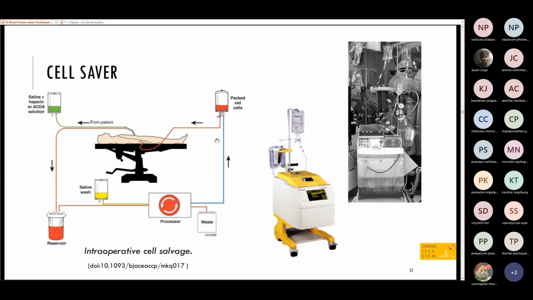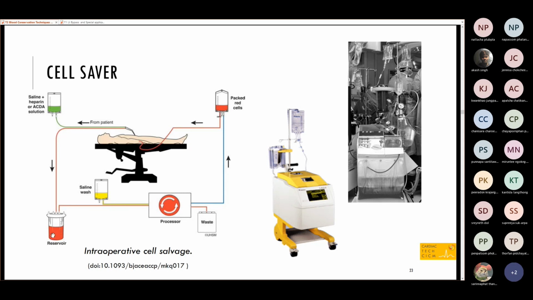If you see this circuit, the green one from here to here is the saline solution to preserve the blood from the patient. Here is the suction catheter. So with the saline and heparin, it's going to preserve the blood that we suction from the patient and collect it in the reservoir here.